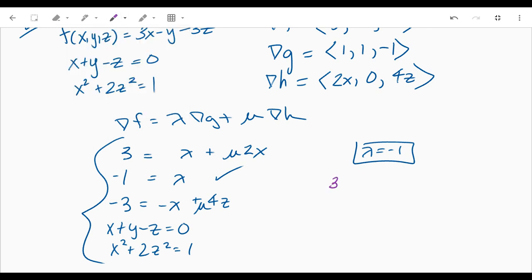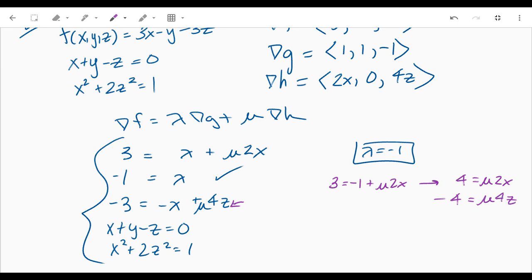That means that 3 is -1 plus mu 2x. 4 is mu 2x. Okay, and then we would have -3 equals 1 minus... So I'm going to just go ahead right away and do -4 equals mu 4z.